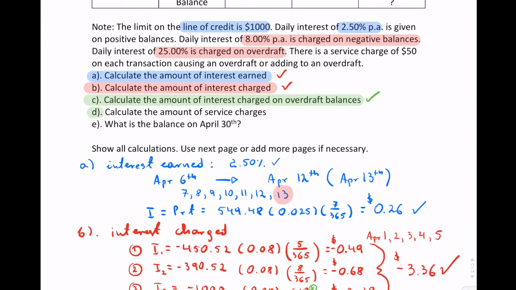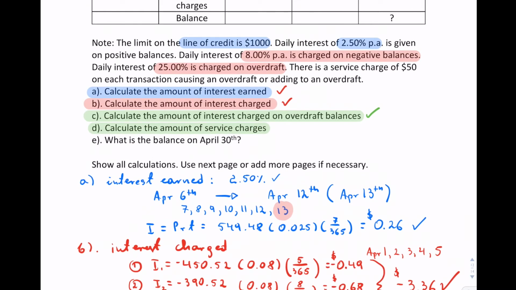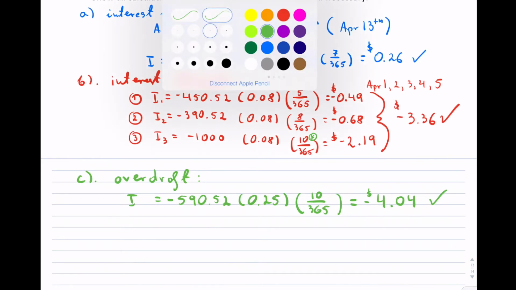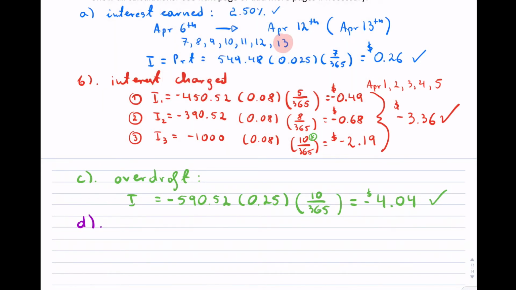So for service charges, notice there's a service charge right here, $50, on each transaction causing an overdraft. Well, there was only one time that we went in, so the service charge was going to be $50, and it is going to make our account negative.